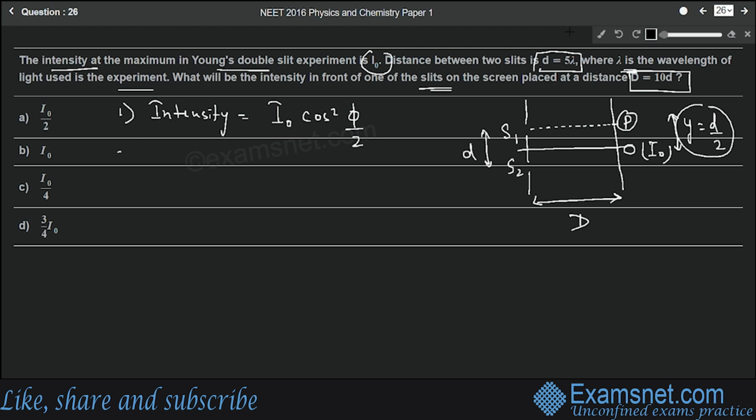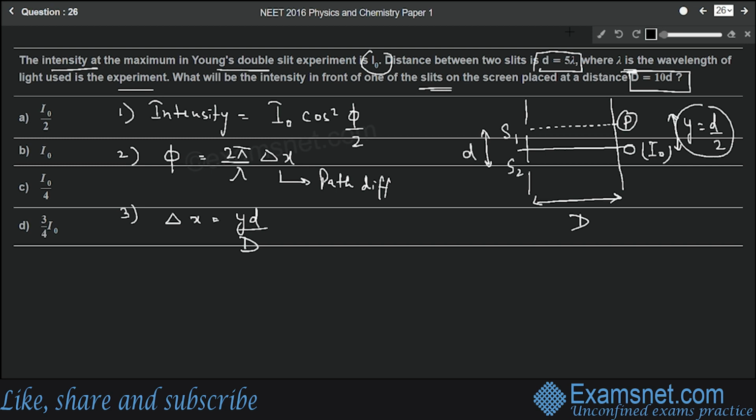Second thing is relation between phase difference and path difference. So phase difference is equal to 2 pi by lambda into path difference, delta x is the path difference. And third, path difference is also equal to y into small d by capital D. So delta x is path difference, whereas phi is the phase difference.